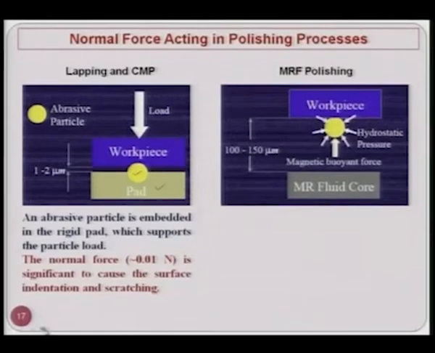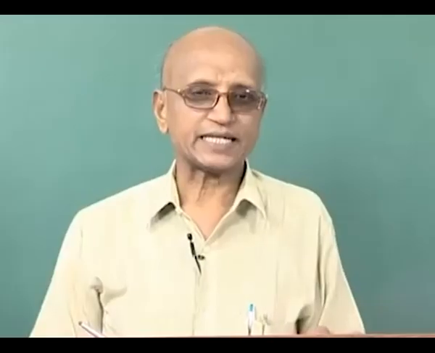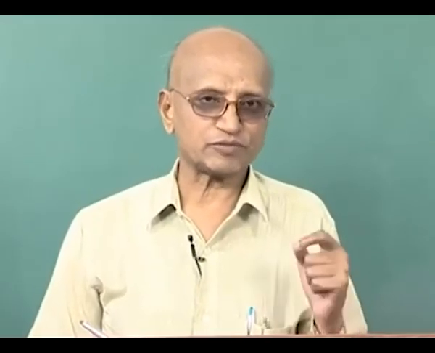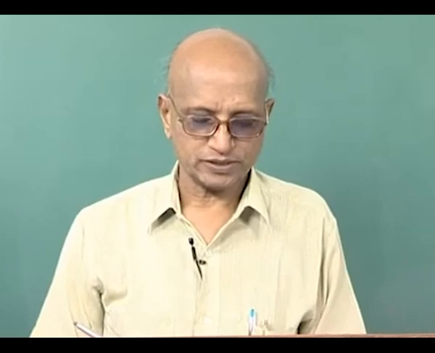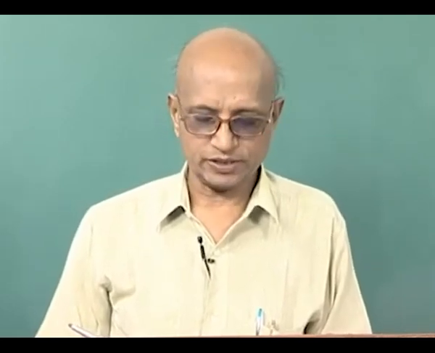The normal force acting in case of CMP and lapping is somewhere around 0.01 Newton, which is significant enough to cause surface indentation and scratching. This simply means that you can get a scratch formed on the workpiece surface because of this force acting on the abrasive particle.